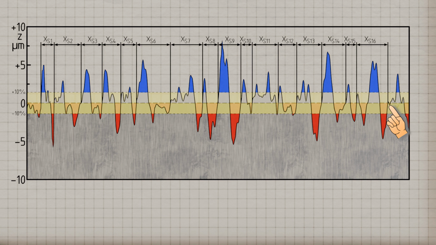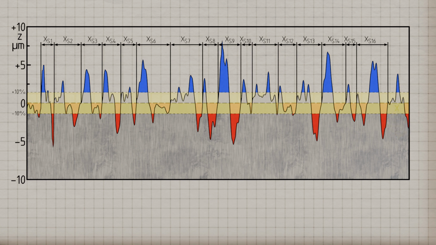Although the roughness profile crosses the profile mean line from below to above somewhat earlier, in this case no profile element peak would exceed the threshold value. Therefore, this crossing of the profile mean line is not counted as the boundary of the profile element. Only at the next crossing of the roughness profile through the profile mean line does the profile element include both a profile element valley and a profile element peak beyond the threshold values, and is thus counted as a profile element.